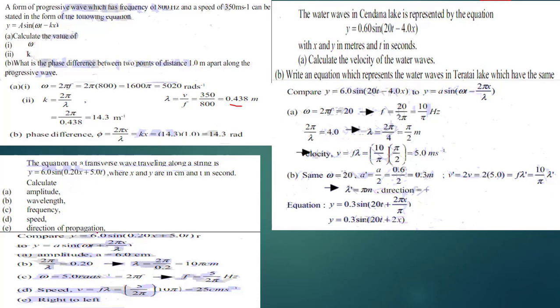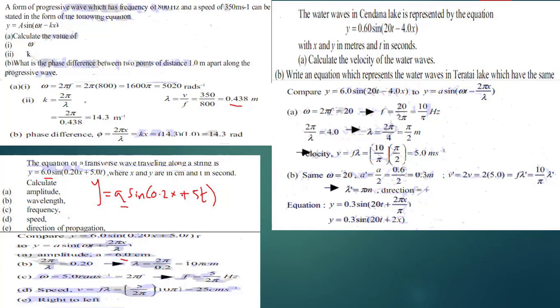If we compare with our general equation, y is equal to A sin of 0.2x plus 5t, A is this 6, so simple, amplitude is equal to 6. As you can see, 6 what? Centimeters, because we remember the distances are measured in centimeters.